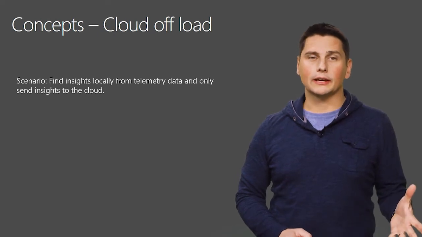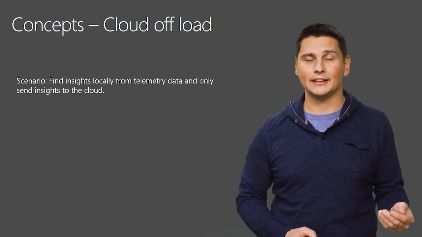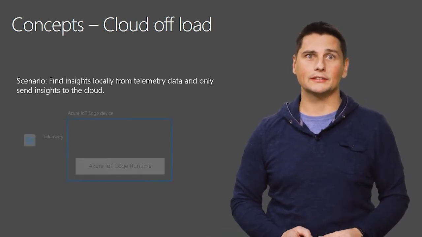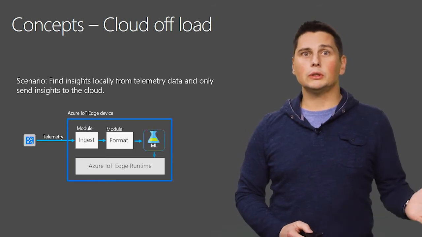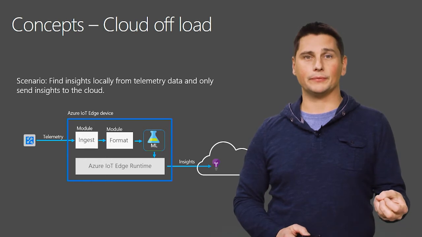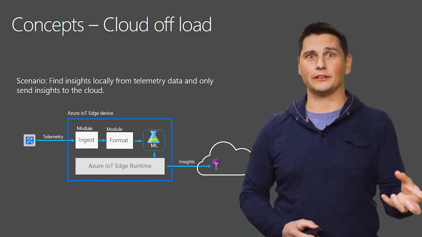So here's how it looks, taking the previous scenario of data being translated and filtered before being sent into the cloud for its actual analytics. Here's how it would look if you were able to run these analytics protocols or models down there on the edge.